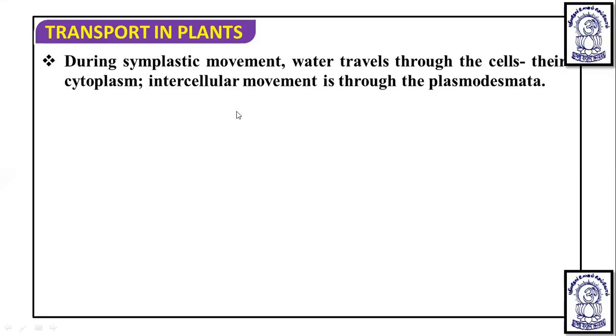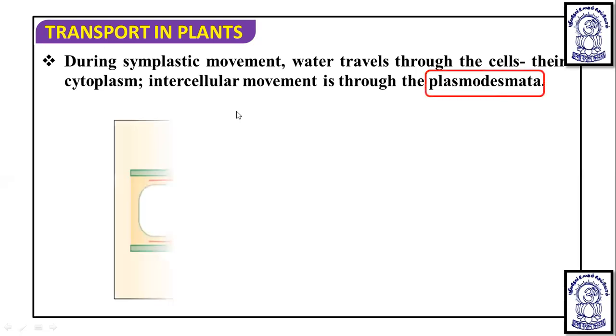Now during symplastic movement, water travels through the cells and in the cytoplasm, and the intercellular movement is through the plasmodesmata. Means from cell to cell, the movement will occur through the plasmodesmata and through the cell cytoplasm. Then it is known as symplastic movement.